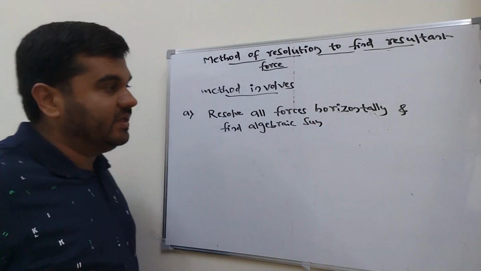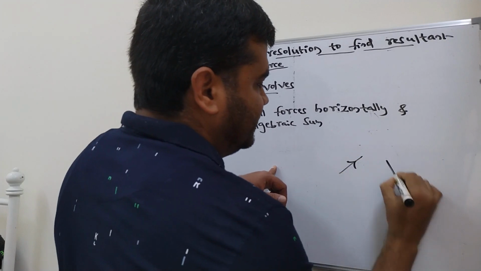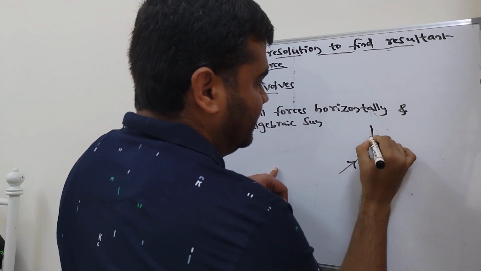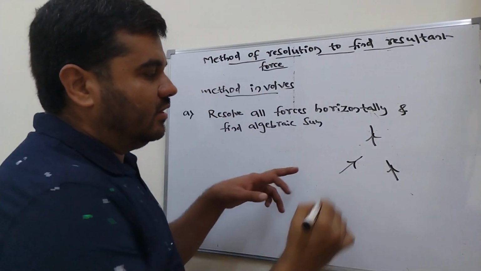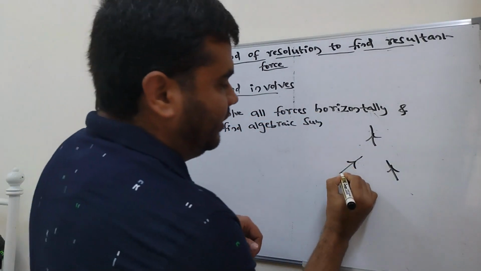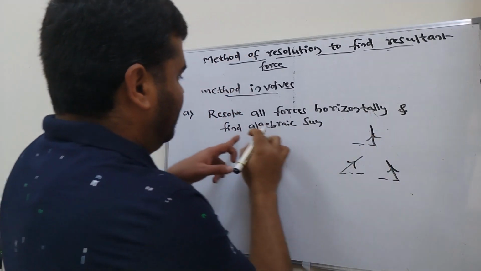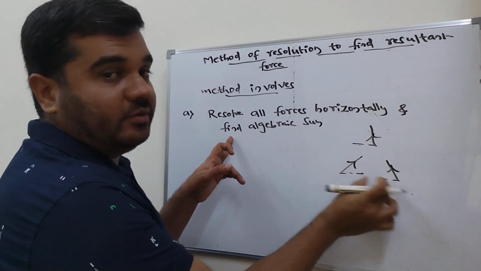Suppose, as I said, there are three forces. You need to resolve all these three forces horizontally and find the algebraic sum.